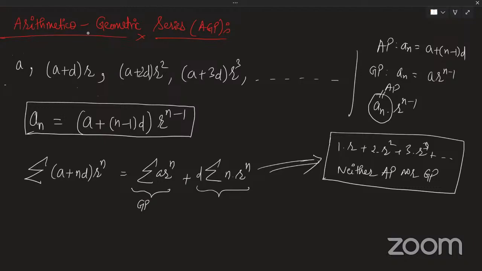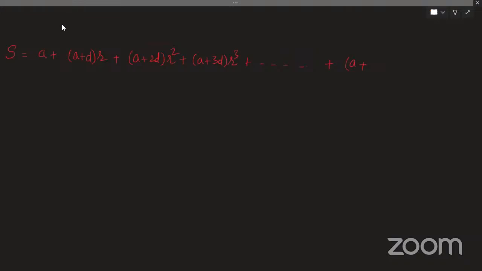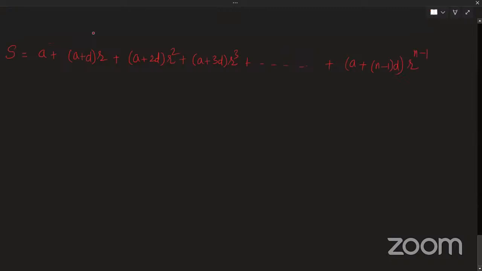Just think of it like that. So my last term will be (A plus (n minus 1)d) into r raised to n minus 1. Fine?